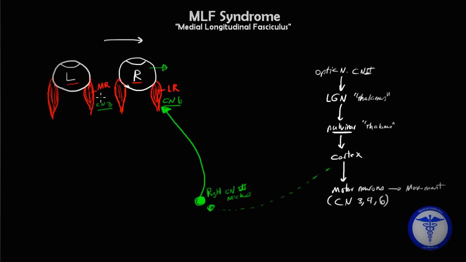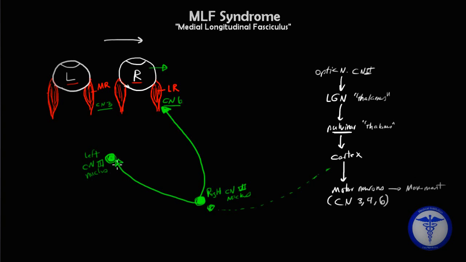Now what about the medial rectus of the left eye? So this is where MLF syndrome comes into play, because the right cranial nerve 6 nucleus is also going to send signals to the left cranial nerve 3 nucleus.